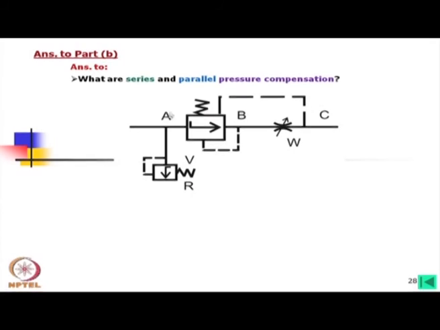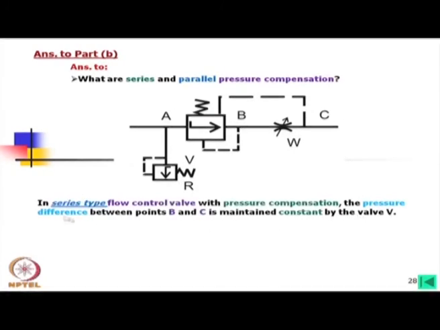Now, this is the series type. There is a pressure relief valve and a series type flow control valve with pressure compensation. The pressure difference between points B and C is maintained constant by the valve V. If we adjust it, then this pressure difference will remain constant.